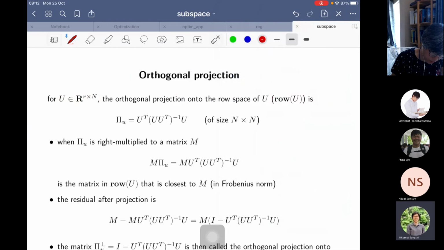Next, we define pi as the orthogonal projection in this way.